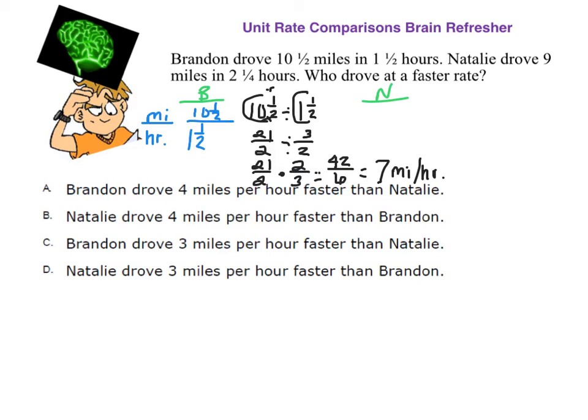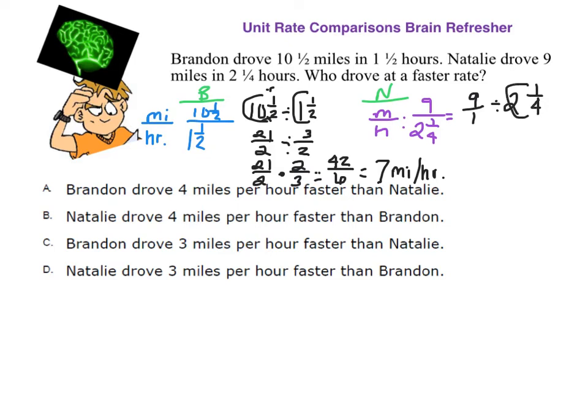All right, so let's look to Natalie now. Again, we're going to compare miles to hours. She drove 9 miles in 2 1/4 hours. So I'm going to divide this out. 9, I'm going to put the whole number over 1, divided by 2 1/4.